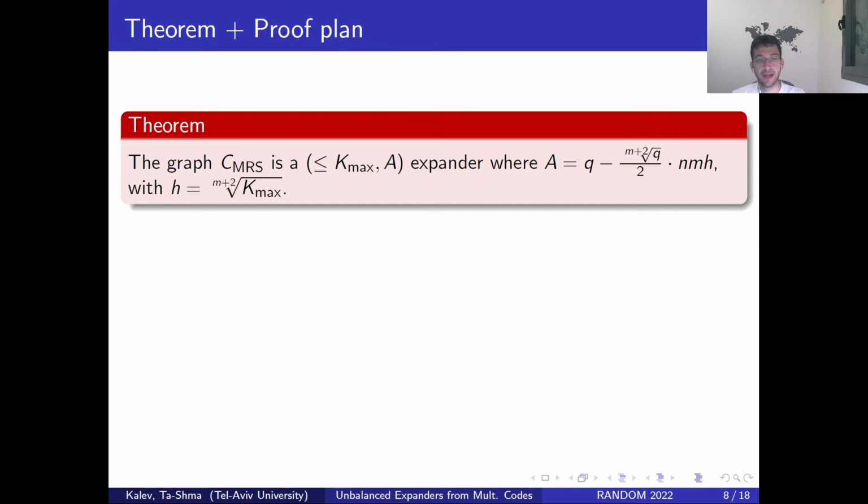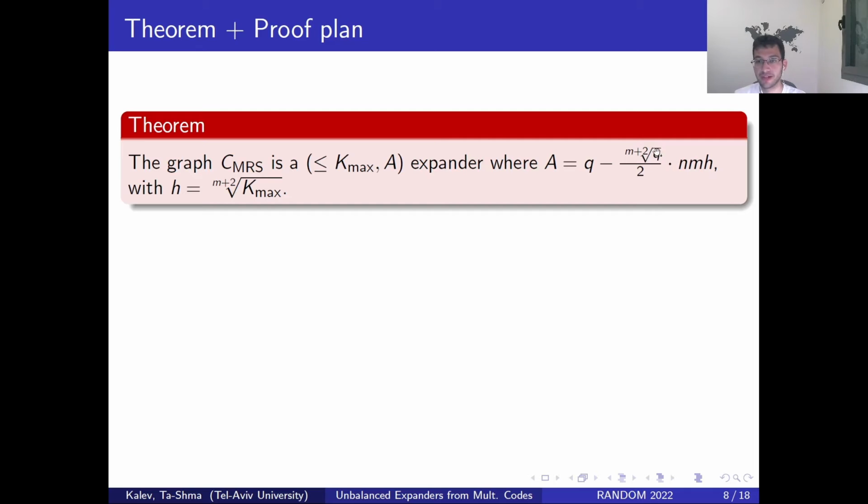Now note that our expansion theorem is very similar to the one for the GUV graph. It says that our graph is expanding by a factor of A for every set of size smaller than K max, where A equals q minus the (m+1)-th root of q, divided by 2 times nmh.